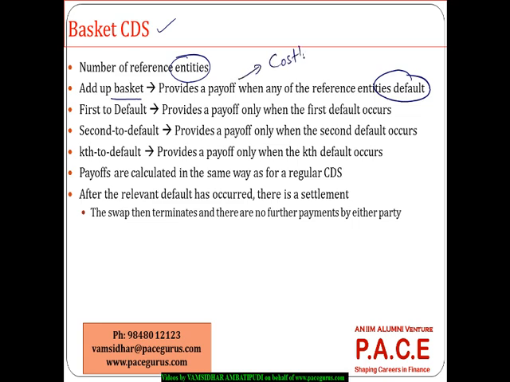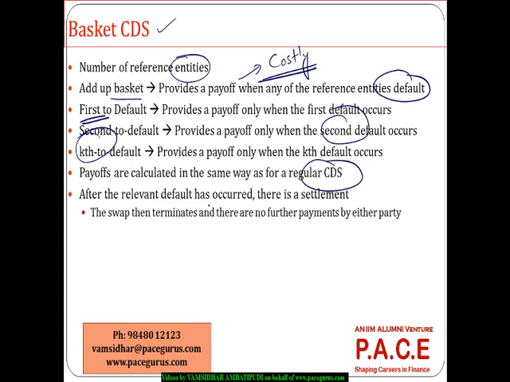On the other side, we talk about first to default: only if the first company in that group defaults, the payment will be made. With second to default, only when the second default occurs, the payoff will be made. The kth to default in general is only when the kth company defaults, only then the payoff will be made. But the payoff is computed in a similar way as the regular CDS itself.